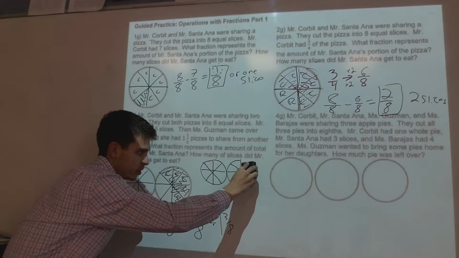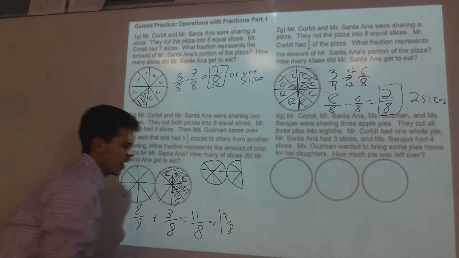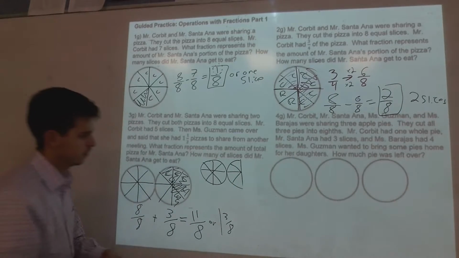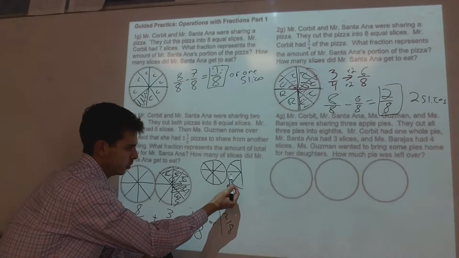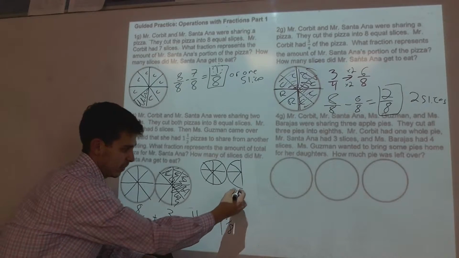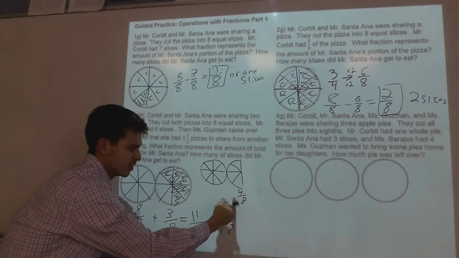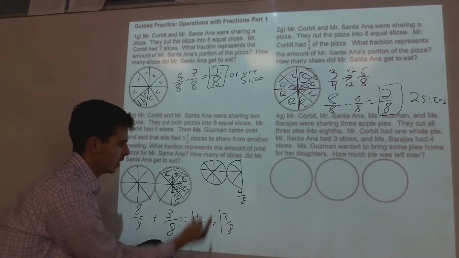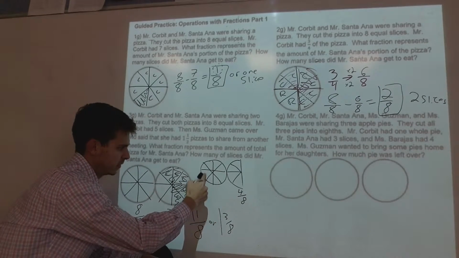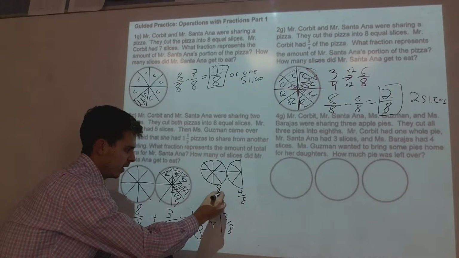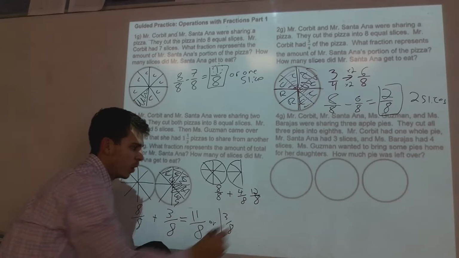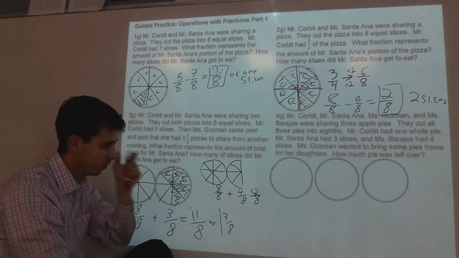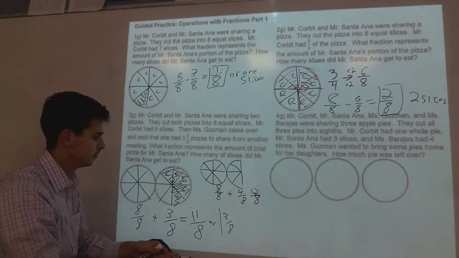Then let's just chop this one right in half. So we have how many slices? 1, 2, 3, 4. That makes sense. That's 4 out of 8. That's also the same as 1/2. And here's 1, 2, 3, 4, 5, 6, 7, 8. 8 out of 8. And if we add these together, she brought 12 slices total, 12 of the 8s.